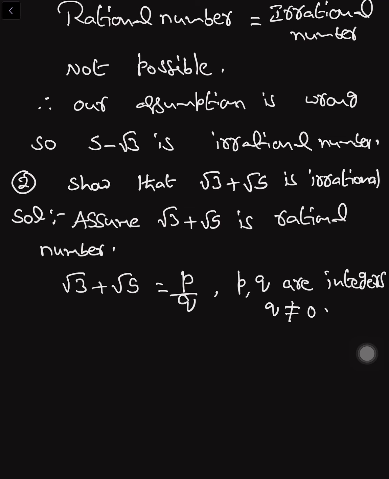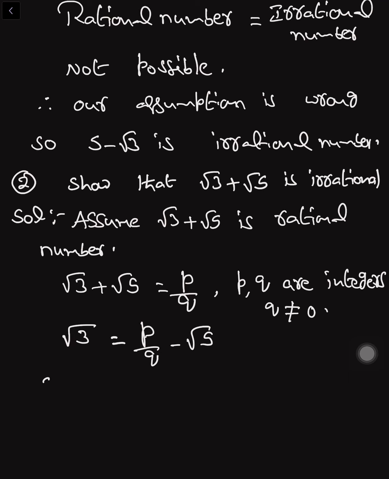Now I am transposing plus root 5 to the RHS side. Root 3 is equal to p by q minus root 5.